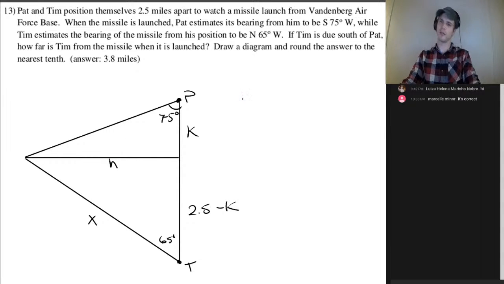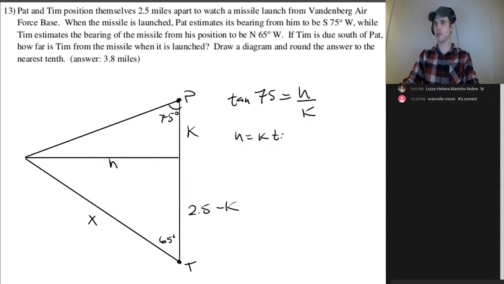So let's say the tangent of 75 equals H over K, which means that H equals K times the tangent of 75. Well, maybe we don't even need that. Let me think about this. We use the other one.